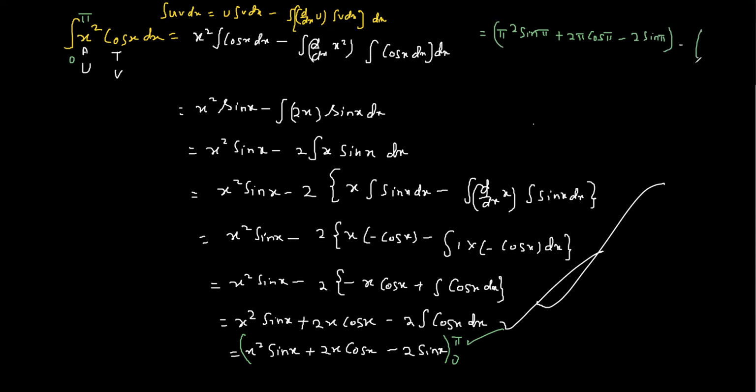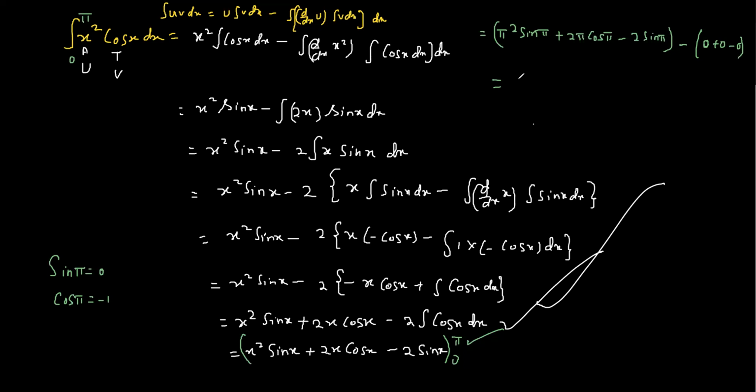So right here, minus. When you put x equal to 0, 0 into anything is 0. This is also 0, because 2 into 0 is 0 and sin 0 is itself 0. Also remember sin pi is 0 and cos pi is minus 1.